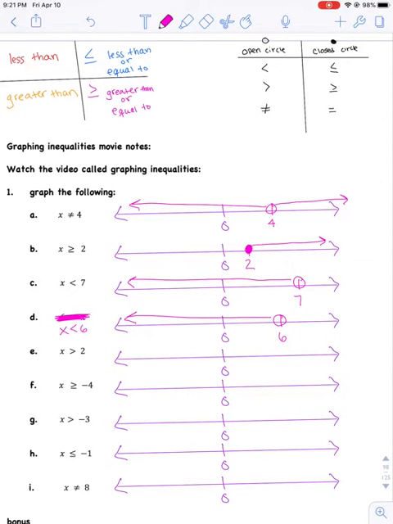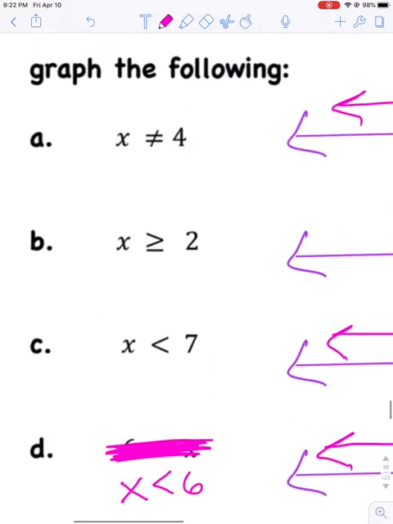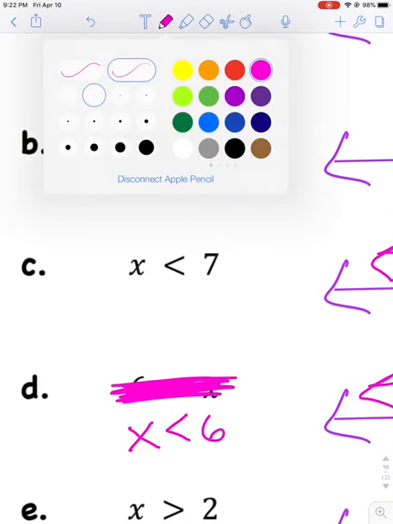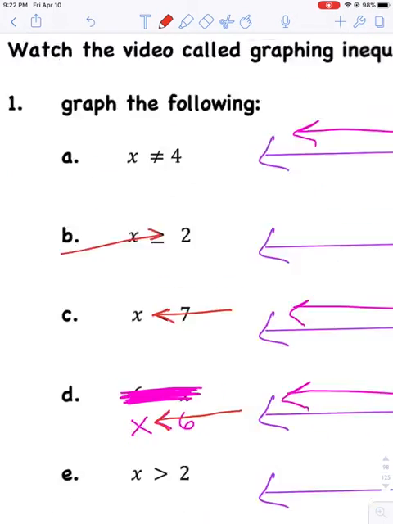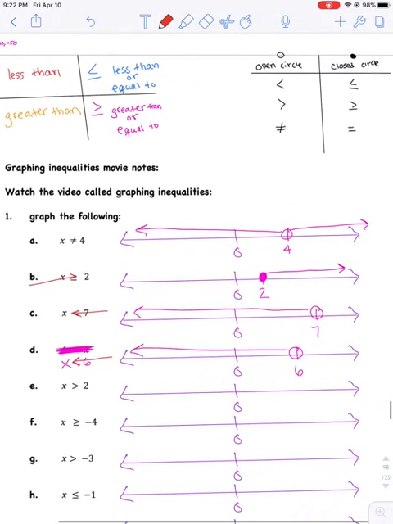I'm going to show you guys a trick now. This trick only works when X is on the left side, which is why I had you flip that one. If you look at the symbols, you can turn the symbol into an arrow. So I'm just making each of these into an arrow. And then that arrow tells you which way the arrow in the inequality is going to point.